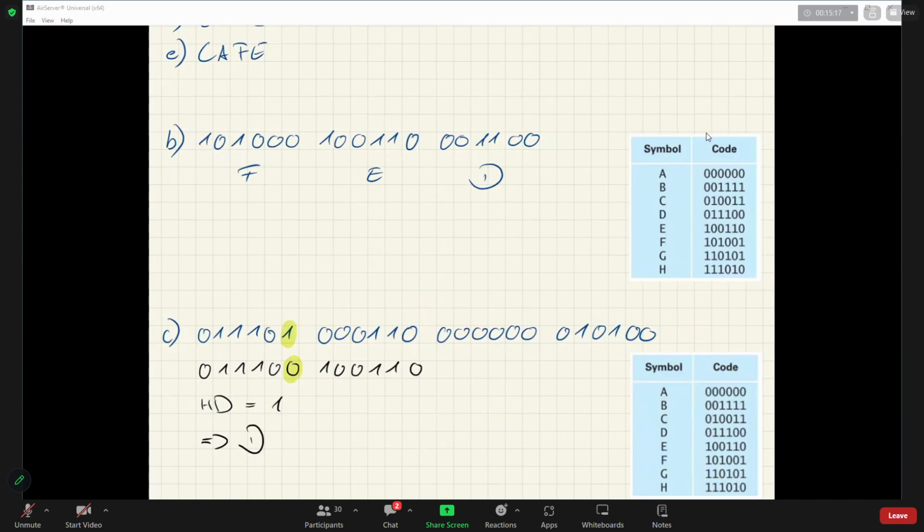And here the difference is in the first bit. So again the Hamming distance is 1. And therefore we are replacing that by an E. Then for A, it is obvious. It is the right bit pattern. And then we have 0, 1, 0, 1, 0, 0.